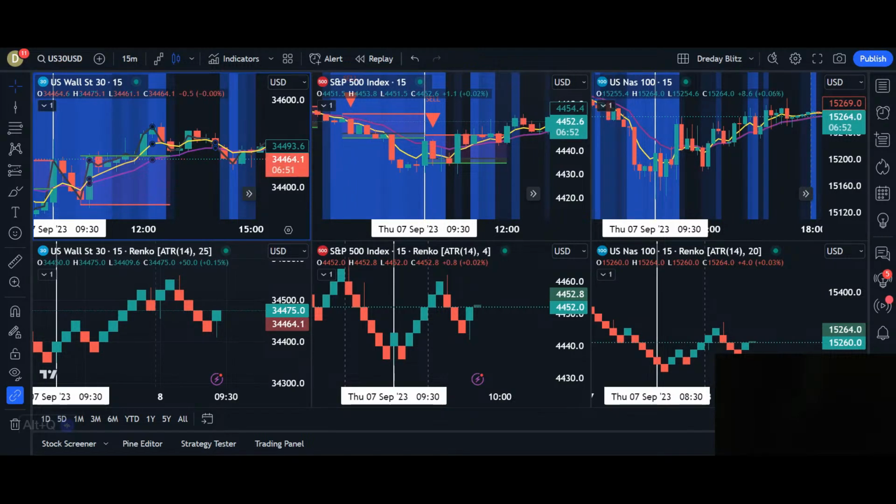Market update: the market will open in about 7 minutes. We'll start in about 7 minutes here.